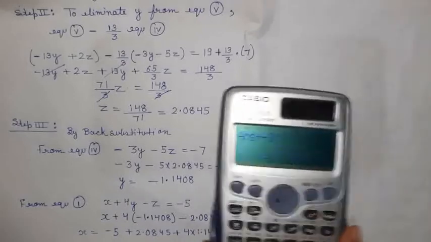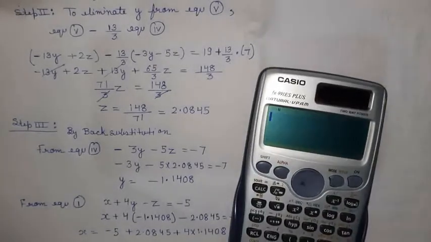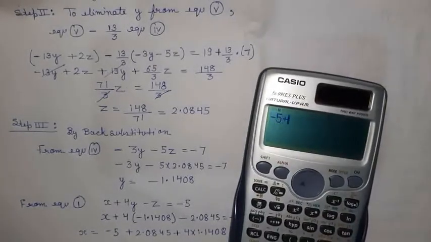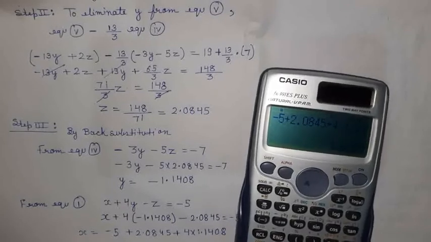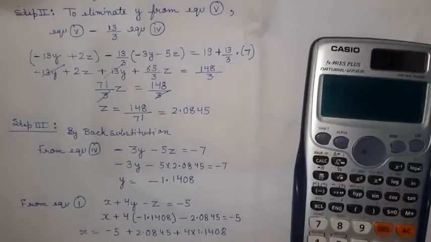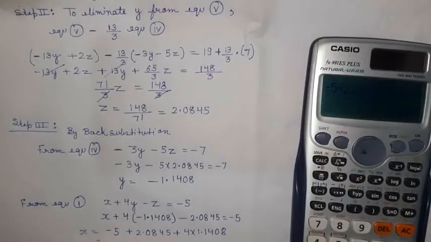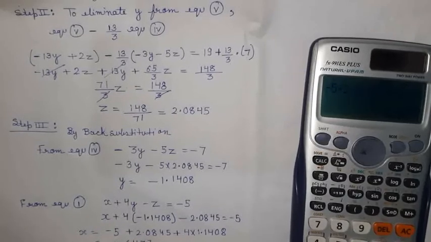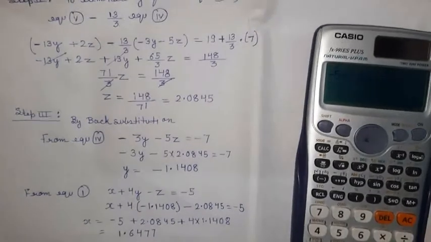If you do the calculation of all these, then you will get minus 5 plus 2.0845 plus 4 multiplied by 1.1408. So our answer is about 1.6477. We can write it as 1.6477. So this is our answer.